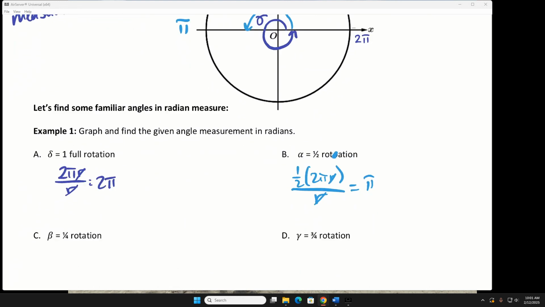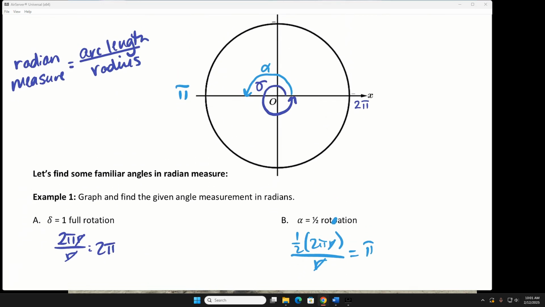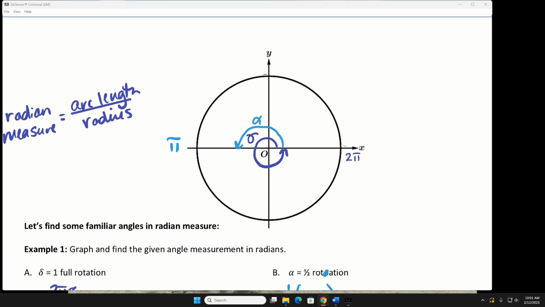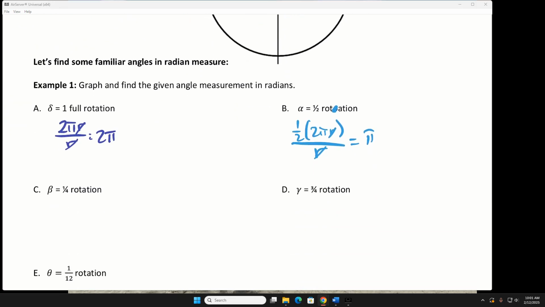And then a quarter of a rotation, I think you could probably figure it out logically, but that's going to be beta. I'm going to graph it. If we took a quarter of 2 pi r and divided that by whatever r is, what would you get for a quarter of a rotation? Half pi, or pi over 2? Good.